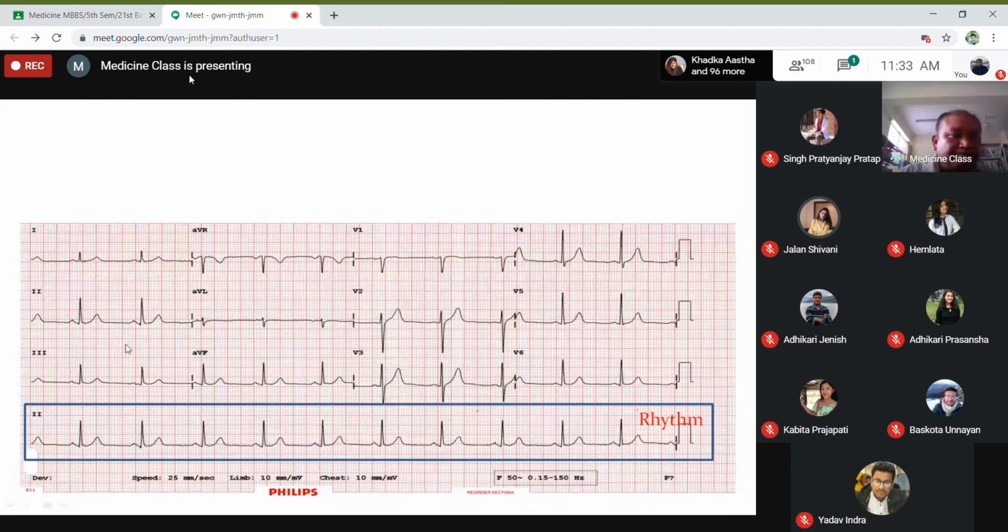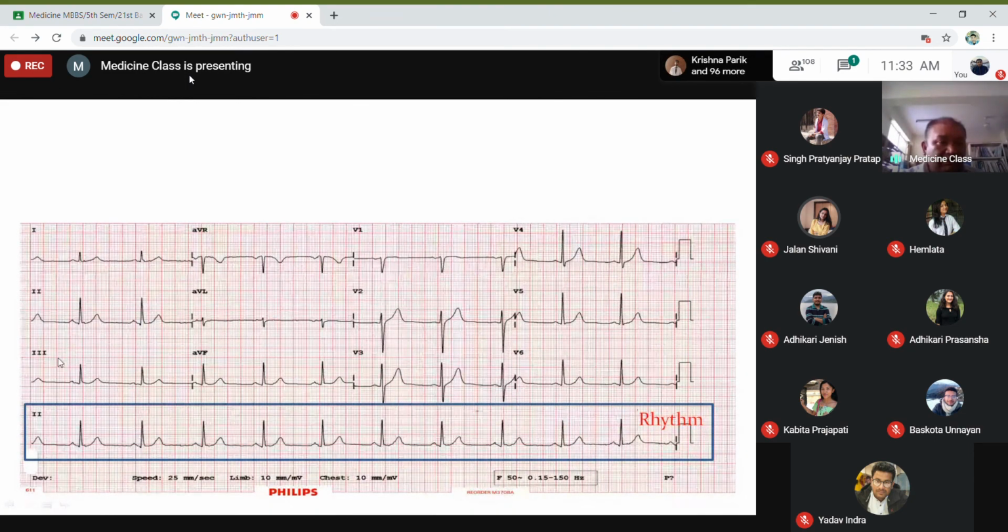So this is the ECG tracing. ECG tracing may be manual or automatic. It comes in very different configurations. Some may be 3-channeled, some 6-channeled, or some 1-channeled.